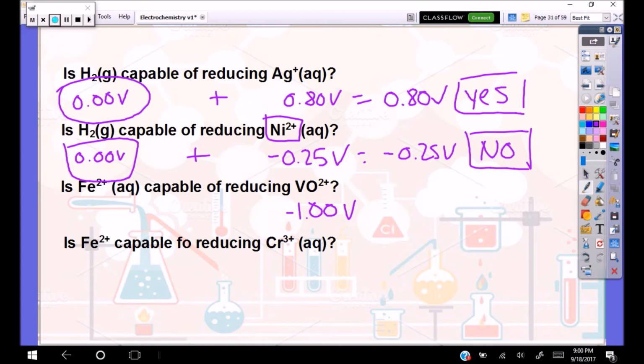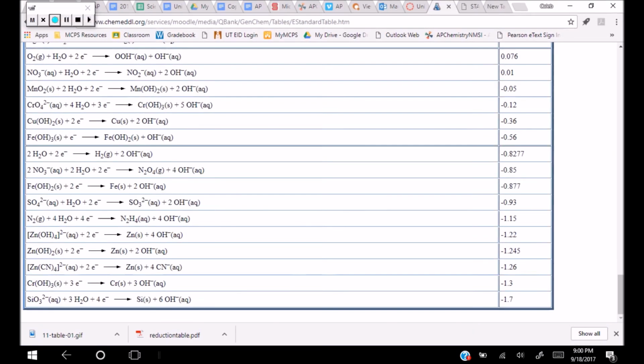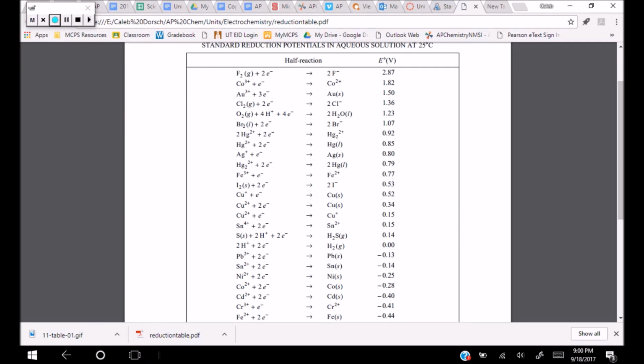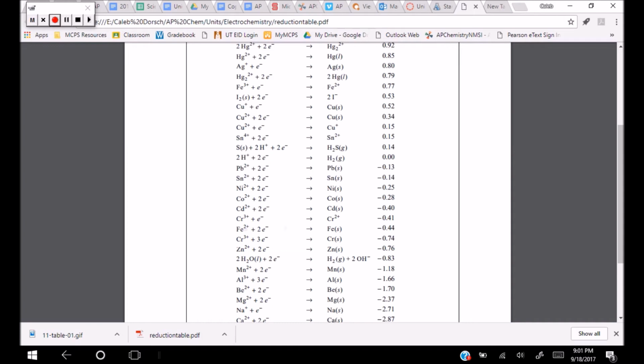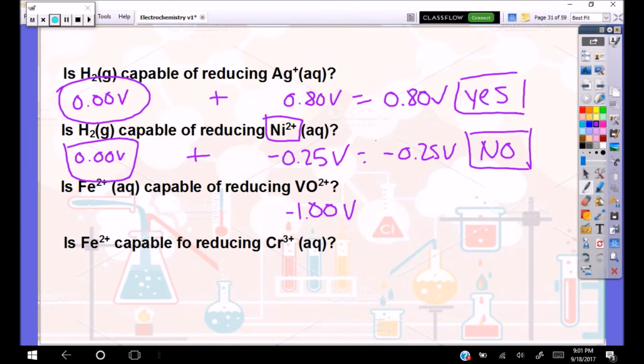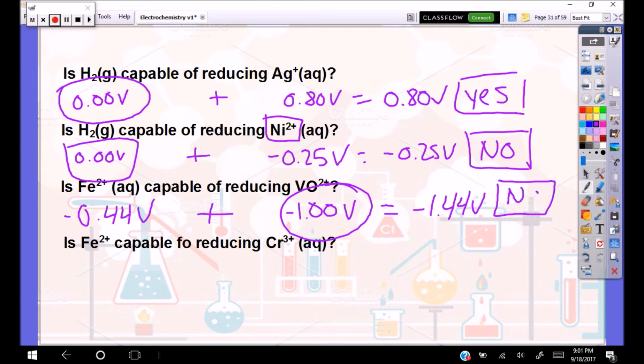The standard reduction potential for iron 2+ is down here. We've got Fe2+ plus 2 electrons gives us iron metal, and that's a negative 0.44. This is already a negative 0.44. And since we flipped the sign of this one here, we have to add these as is. Negative 1.44, no. These are not capable of reducing each other.